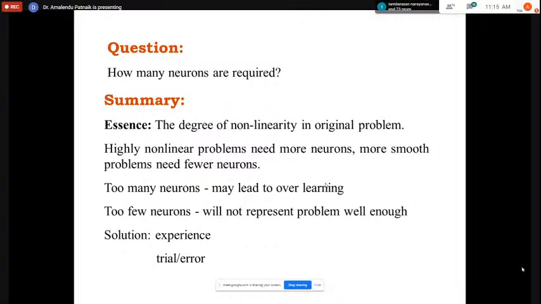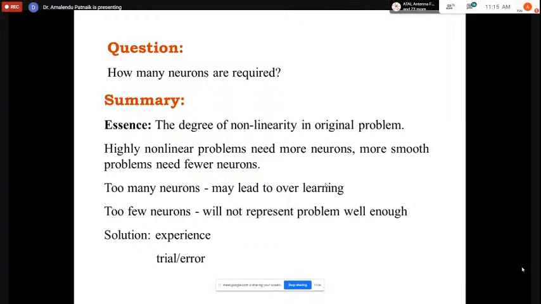The number of neurons in the input layer and output layer are problem dependent. You see how many parameters there are and take that many neurons in the input, and you see how many outputs you require and take that many output neurons.